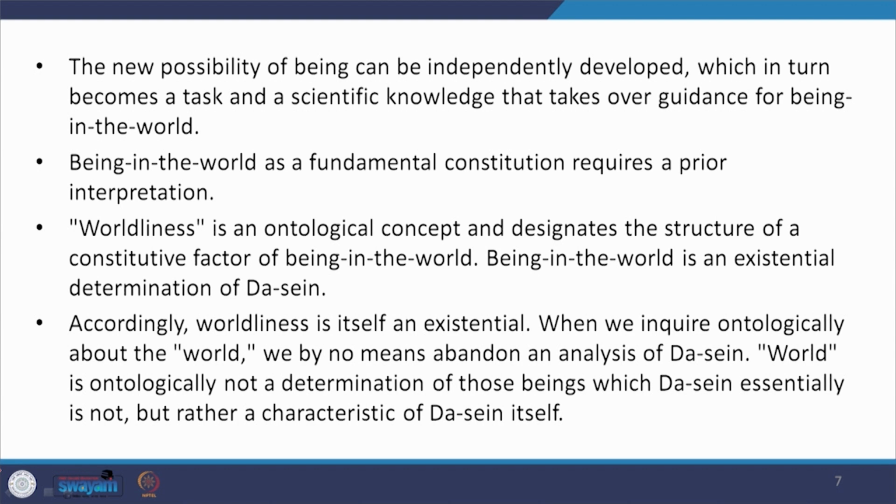When we inquire ontologically about the world, by no means are we abandoning an analysis of Dasein. World is ontologically not a determination of those beings that Dasein essentially is not. Rather, it is a characteristic of Dasein itself. The world is a characteristic of Dasein itself.